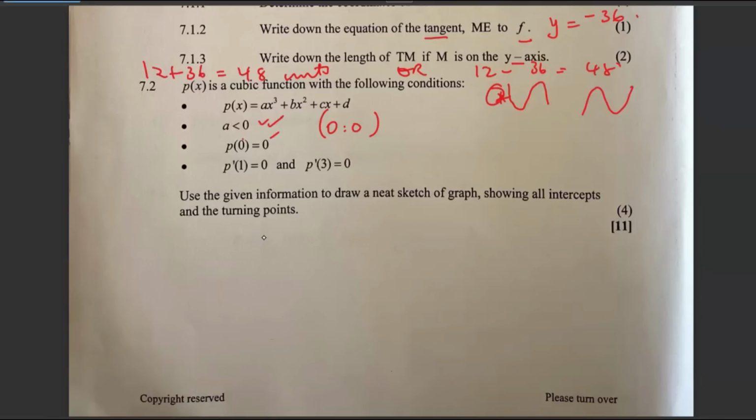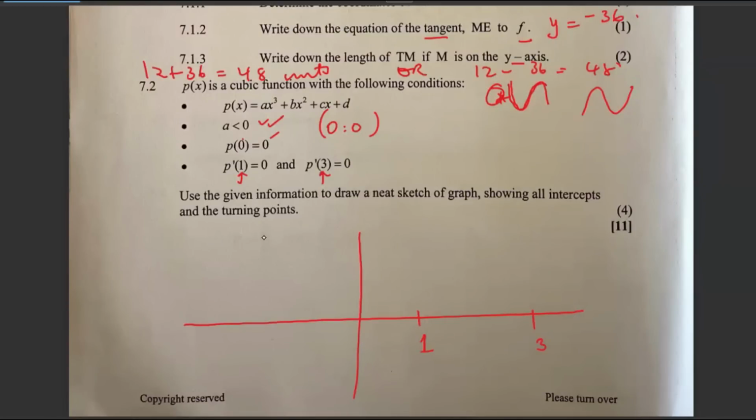What does this tell us? That we have a turning point at 1. We also have a turning point at 3. Okay, so let's do this. We don't know the intercepts, right? We don't. The only thing we know is that there is a turning point at 1. There's also a turning point at 3. But we said this is the shape we're having.